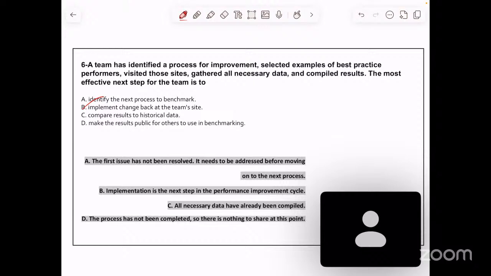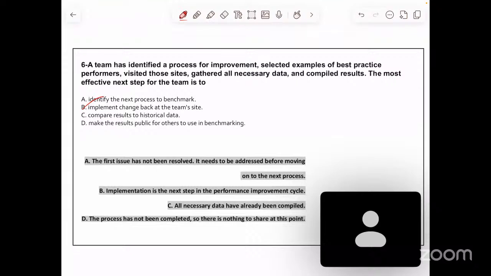For letter D, this is also incorrect because sharing results may happen later, but the priority should be implementing the identified improvements internally.